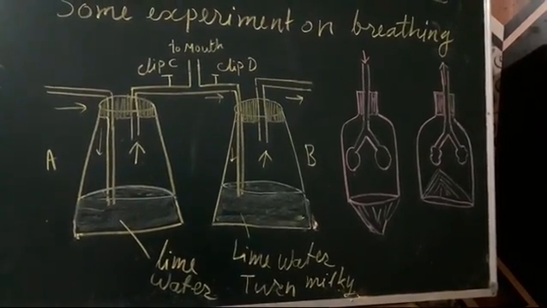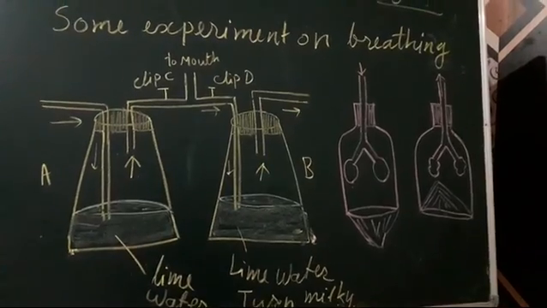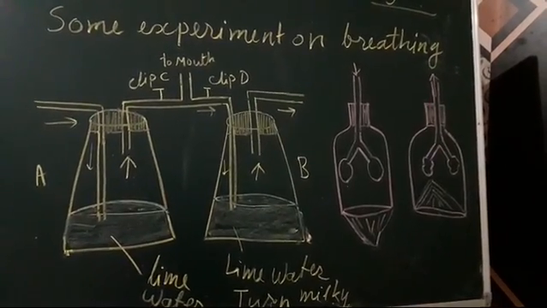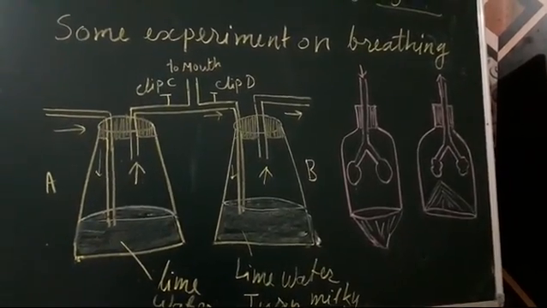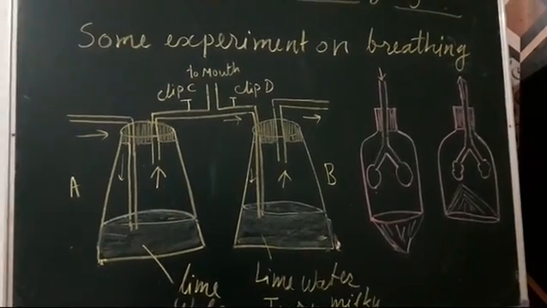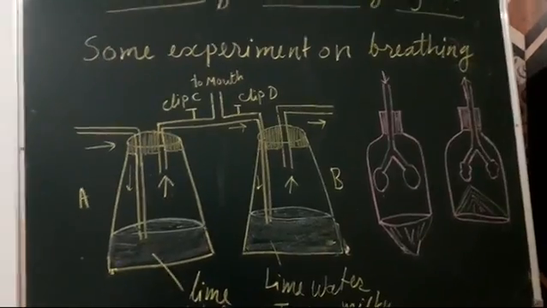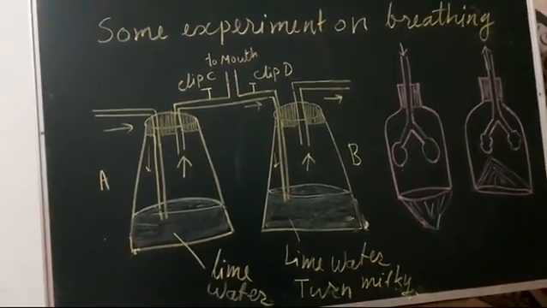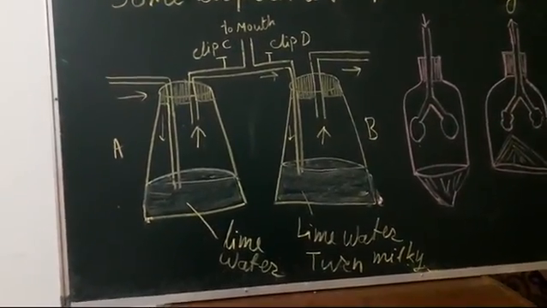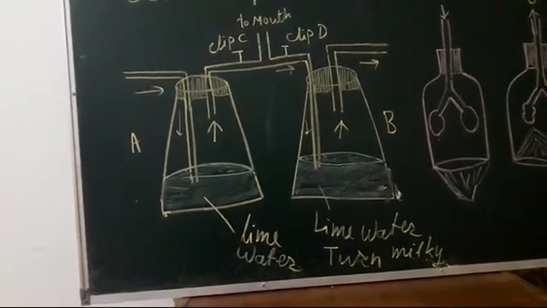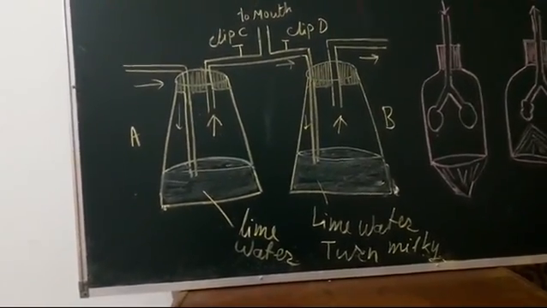Hypoxia and asphyxiation. First, we will see the term hypoxia. Sometimes you will be asked to explain or define this term. What is hypoxia? Hypoxia is the deficiency of oxygen reaching the tissues.